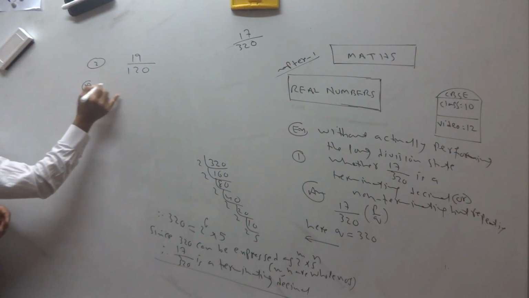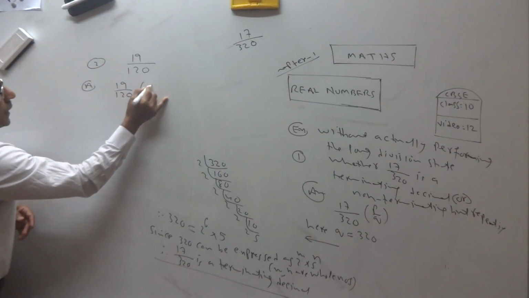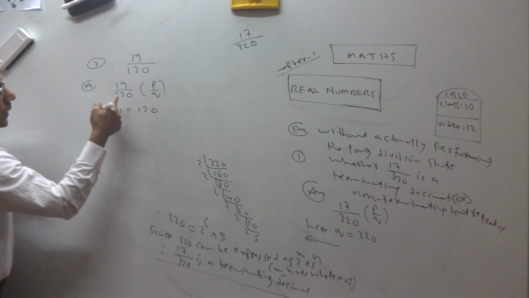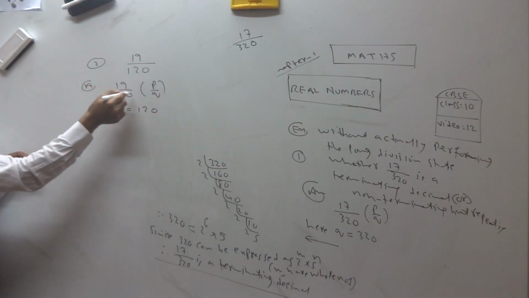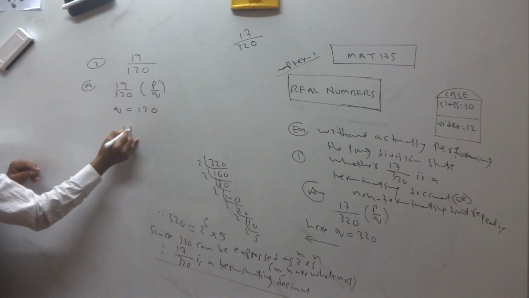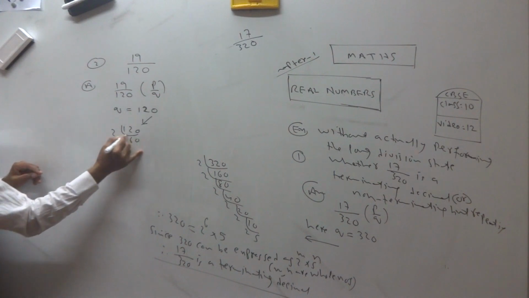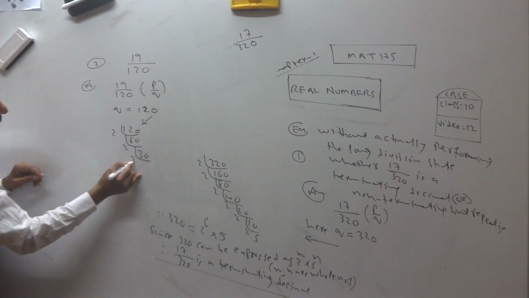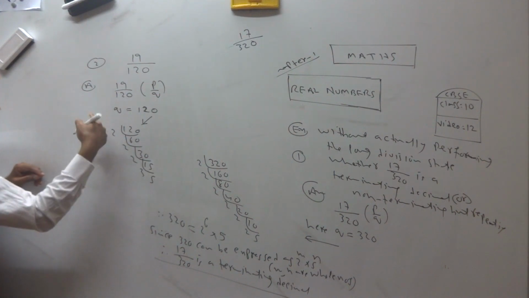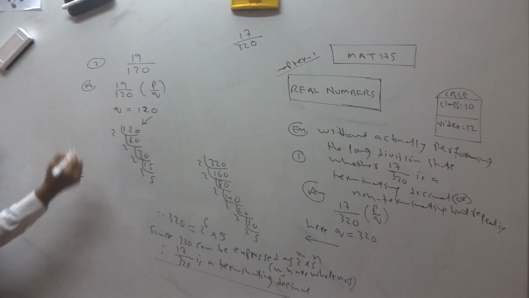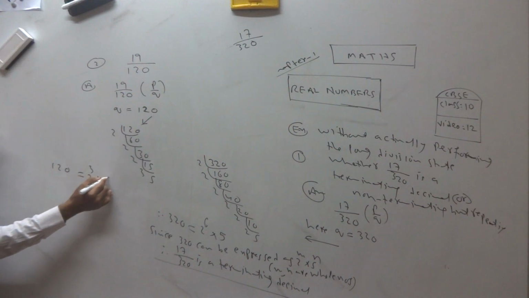So what we do, you know, if we take this as P by Q, what is Q here? 120. First you check, can you cut it? No. Then you start. You take Q and factorize. 2 60s, 2 30s, 2 15s, 3 5s are 15, prime factors. See what 120 I am getting, please? 120 is equal to 2 cubed times 3 times 5.